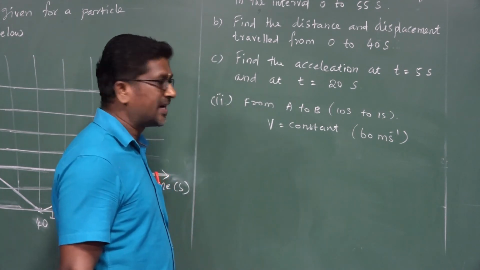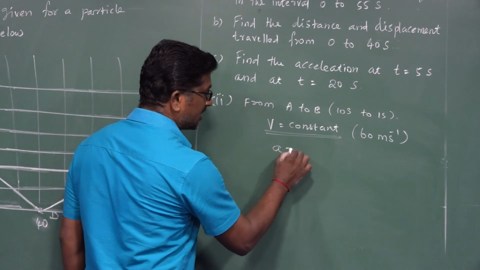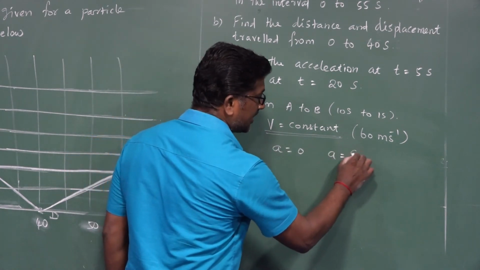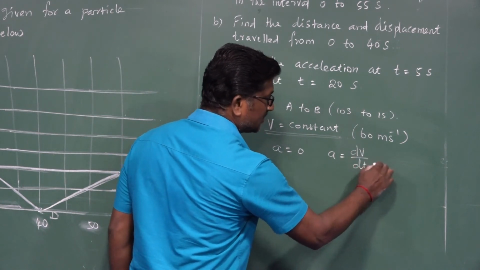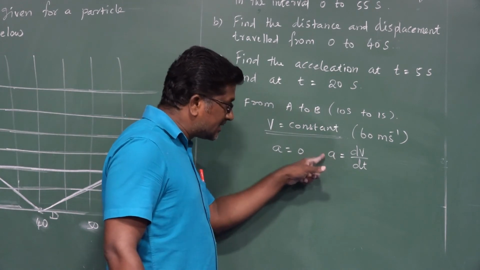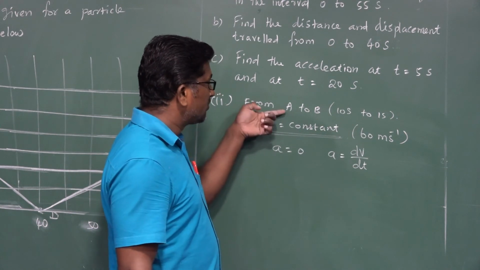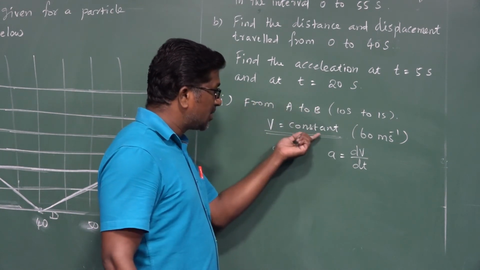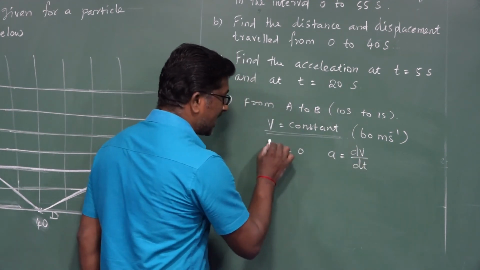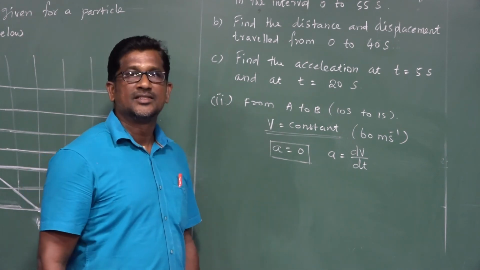If velocity is constant, then the acceleration value is 0, because acceleration a is equal to dv divided by dt. The rate of change of velocity is nothing but acceleration. The particle has acceleration only if its velocity changes. But from the region A to B, the velocity of the particle is constant, so there is no change in velocity. That is why the acceleration experienced by the particle is 0.